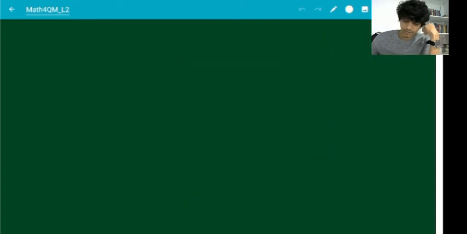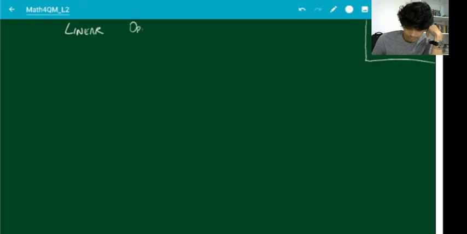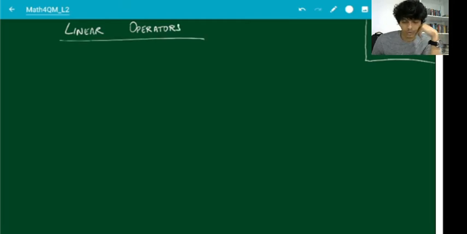So let's start the discussion about linear operators. An operator, denoted by this letter capital omega, is an object that operates on a vector and transforms it.